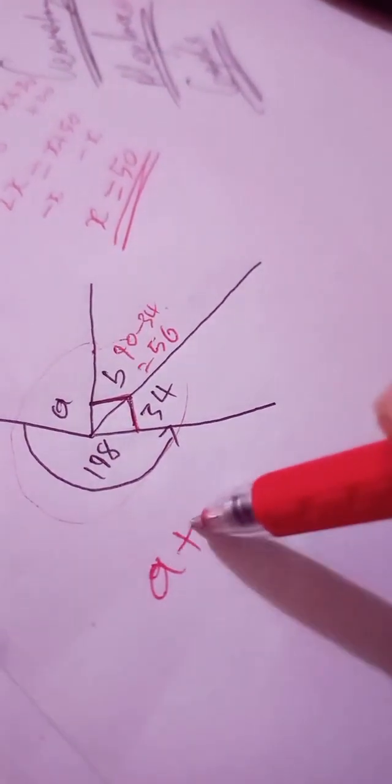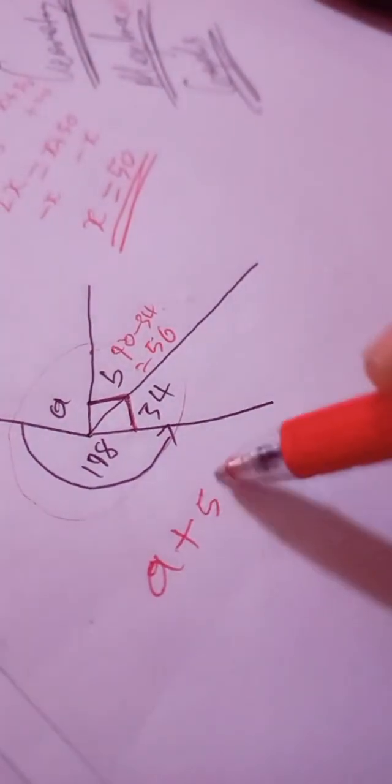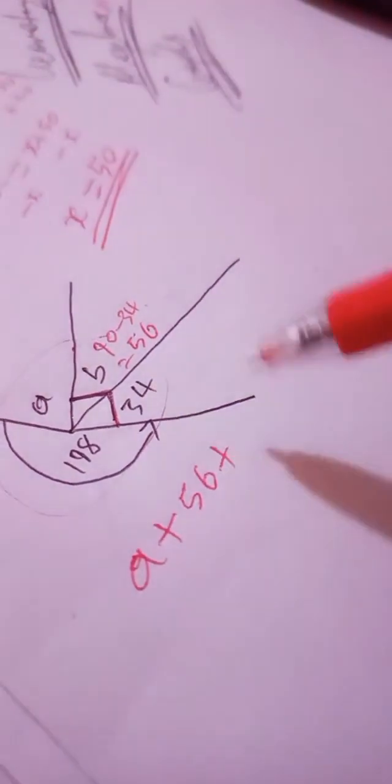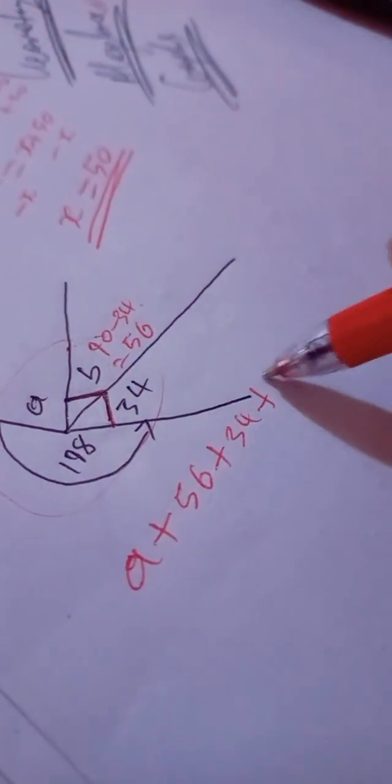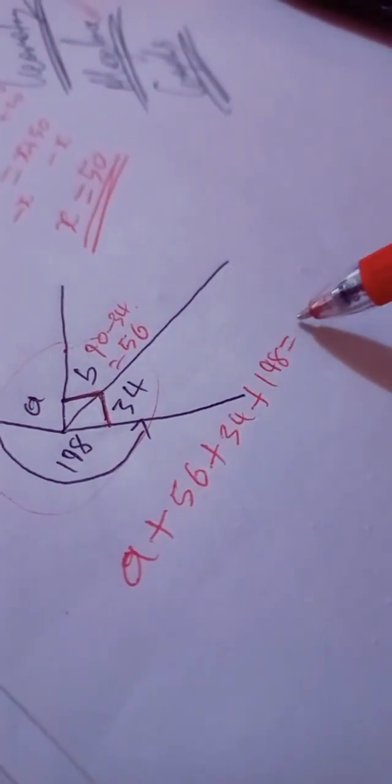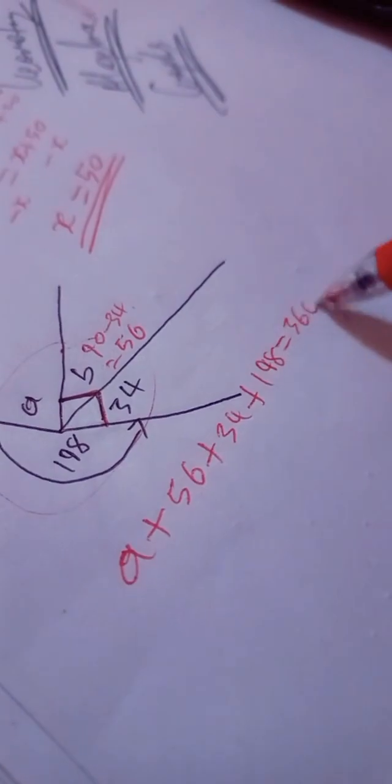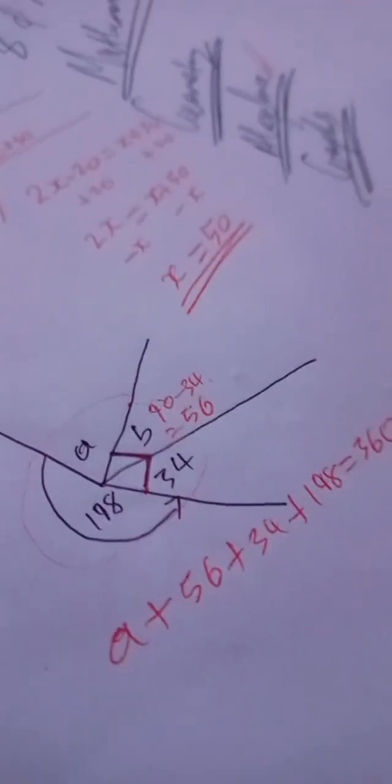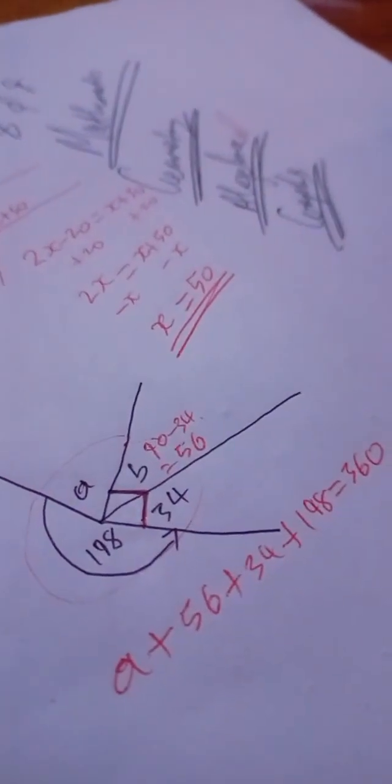Take all four angles: A plus this B, which is now 56, plus 34, plus 198 is equal to 360. This is the concept.